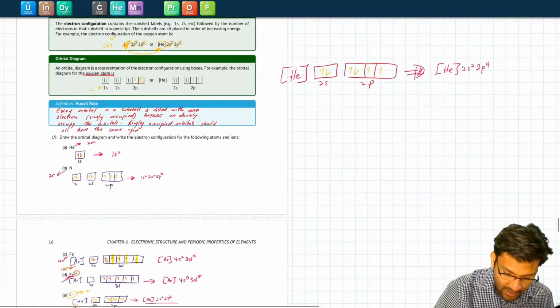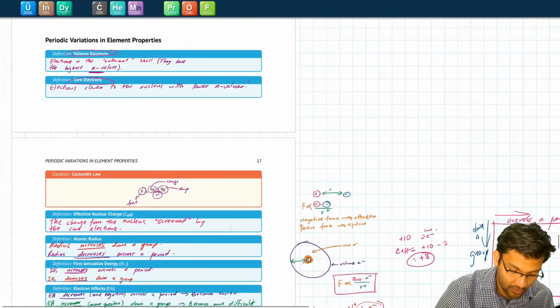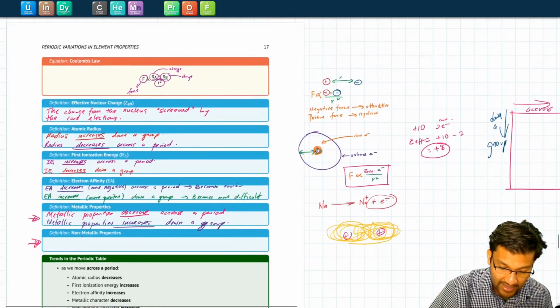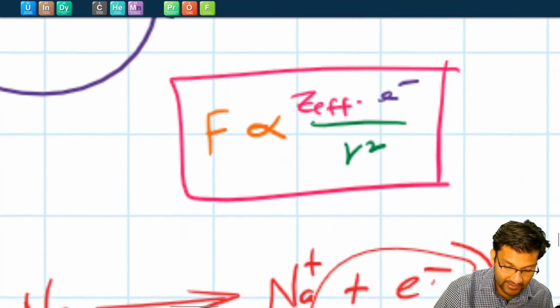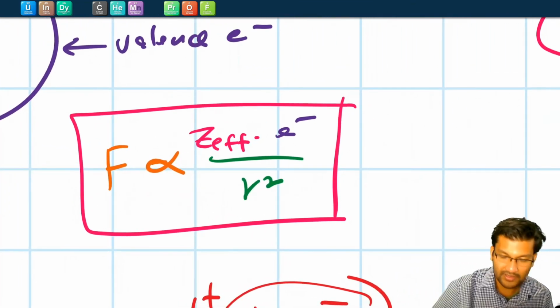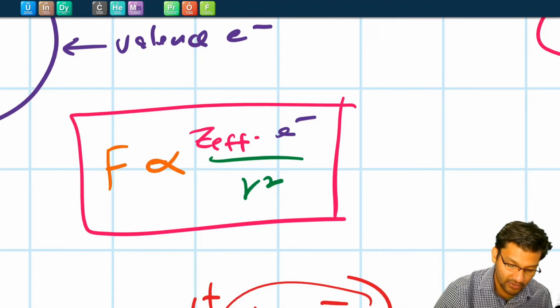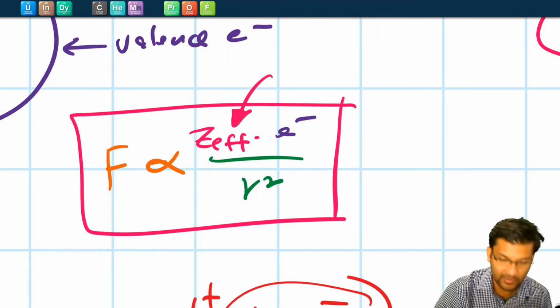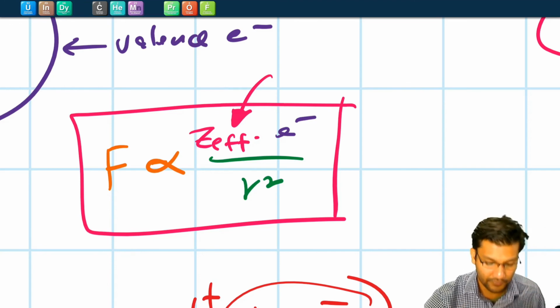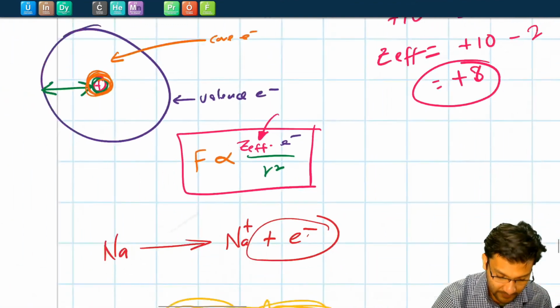All right, so that's how some of these properties vary as we go across a period in a periodic table or down a group in a periodic table. And they can all be described by this Coulomb's law as we focus on the force between the nucleus of an atom and the outermost electrons as determined by this effective nuclear charge, which is basically just the charge of the nucleus when it's screened out from the core electrons.